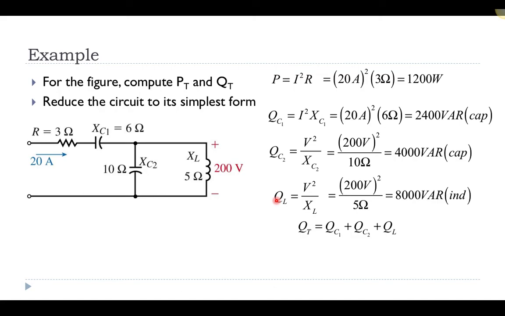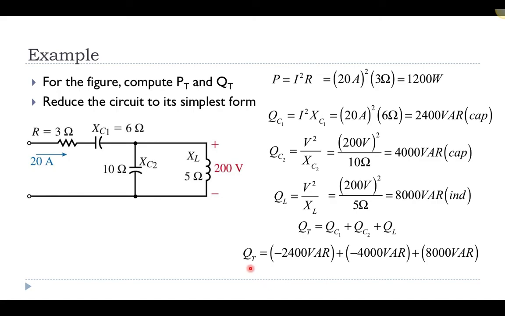This is very similar to if you had resistors in a series parallel network. You could calculate the power for each of those resistors and then add them together. So I'm going to do the same thing here for the reactive power, but I'm going to take into account the fact that capacitive reactive power is negative, inductive reactive power is positive. So now the fact that I put cap next to these two and inductive next to the last one is going to be important.